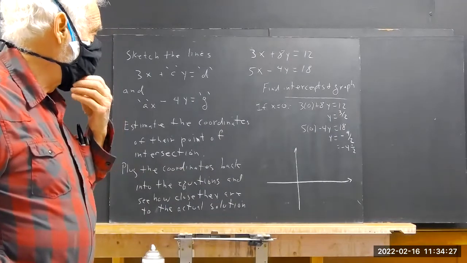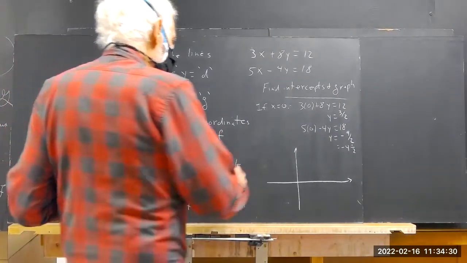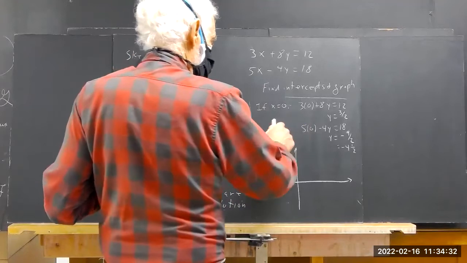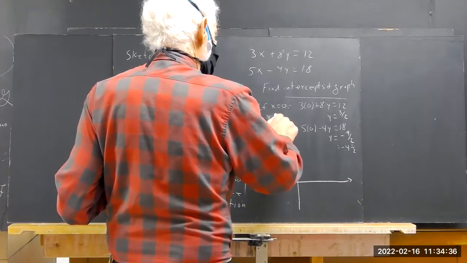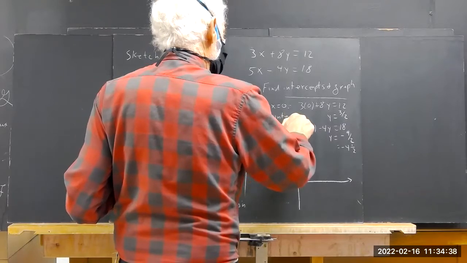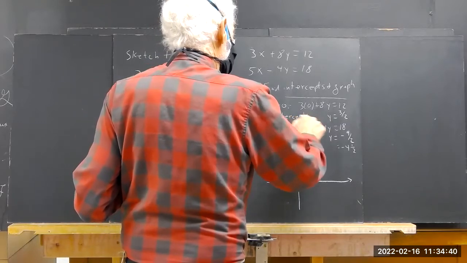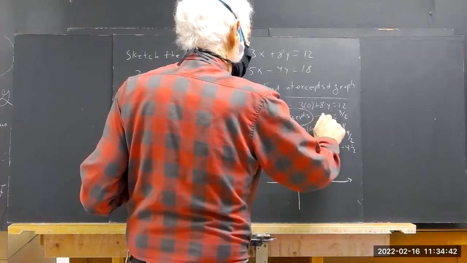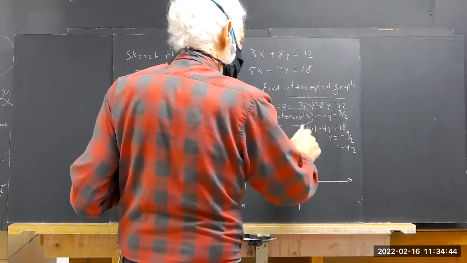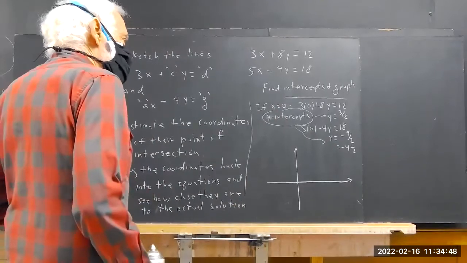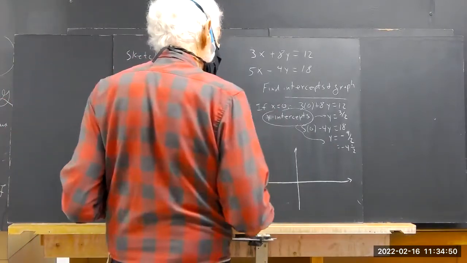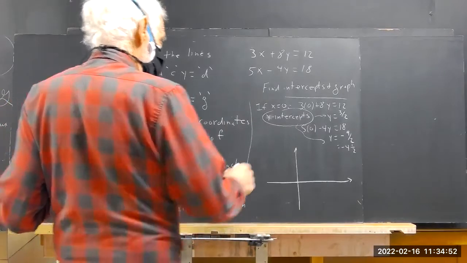Okay. If y equals 0, these are your x-intercepts. For the first equation, and the second equation, your x-intercepts occur with y equals 0.